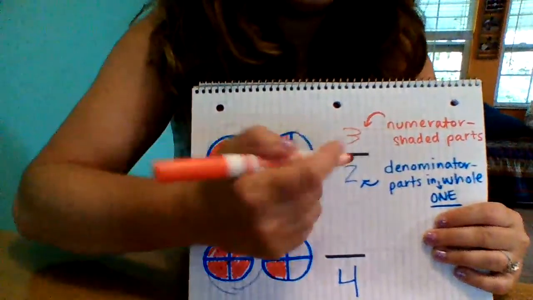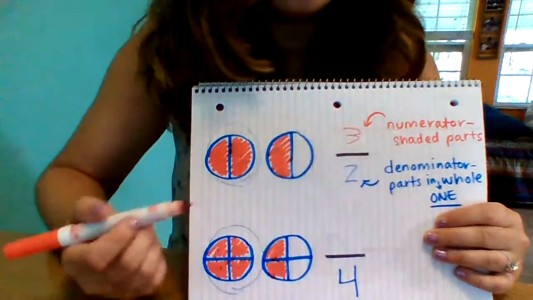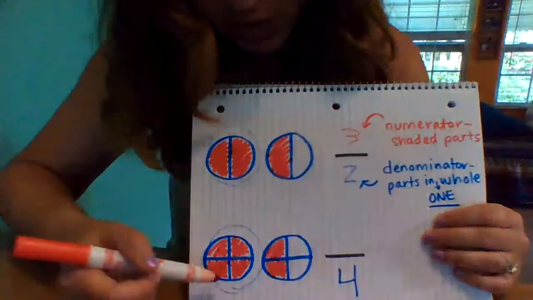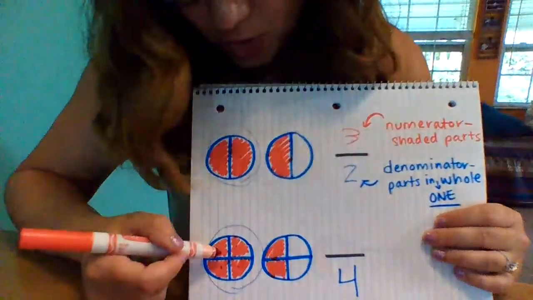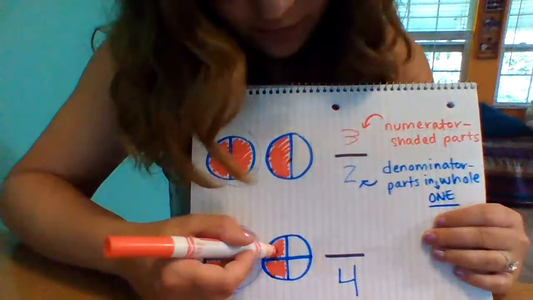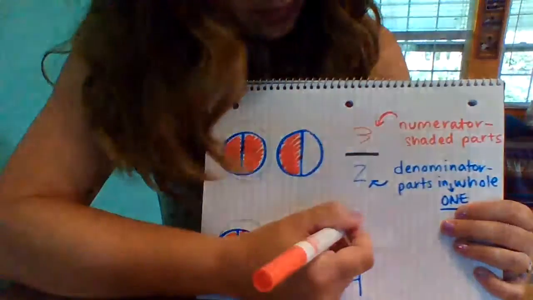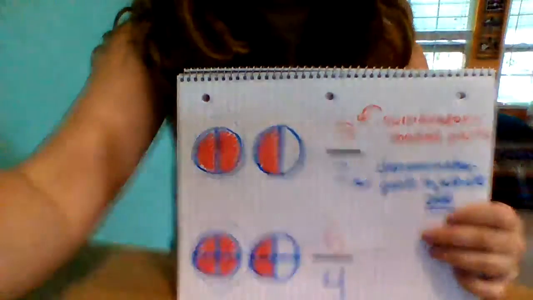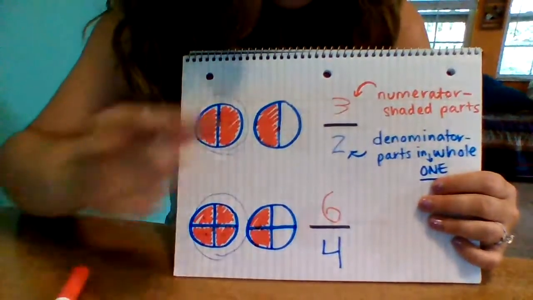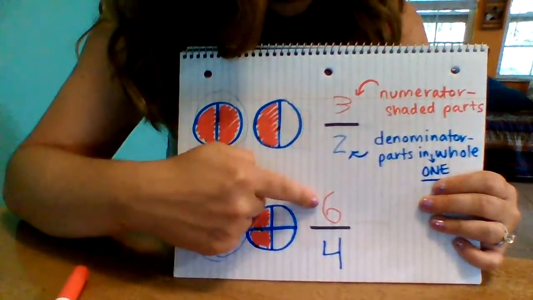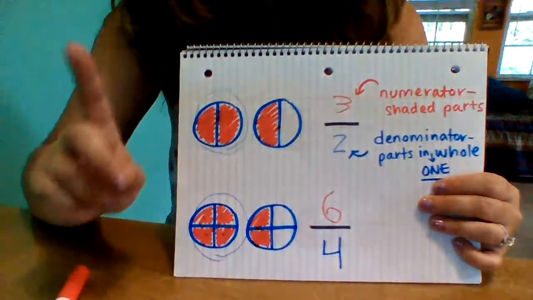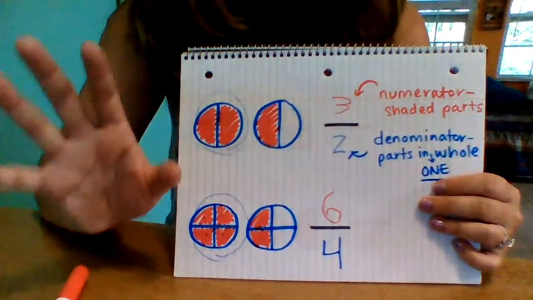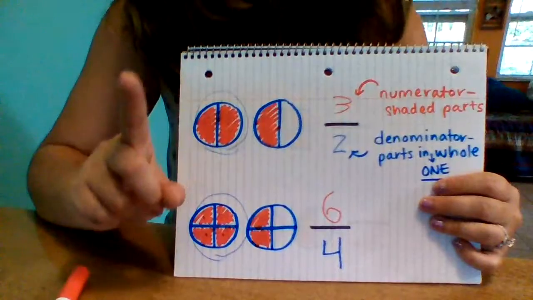My numerator is going to be the number of shaded parts, so I'm going to count the shaded parts in the entire picture. 1, 2, 3, 4, 5, 6. So my numerator is 6. So I have 2 different fractions here, 3 halves and 6 fourths. Both of these fractions represent fractions greater than one whole.